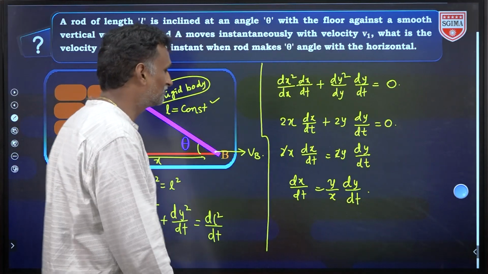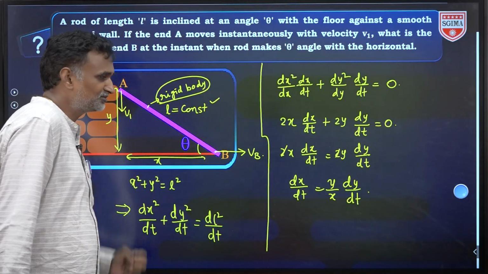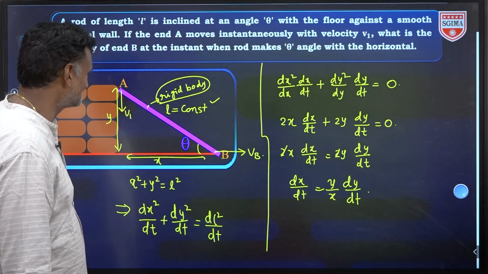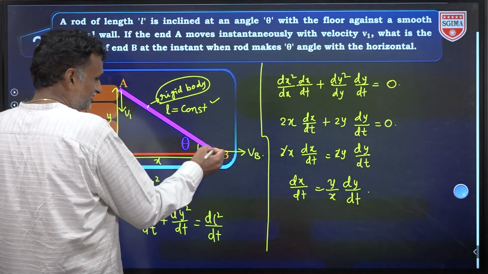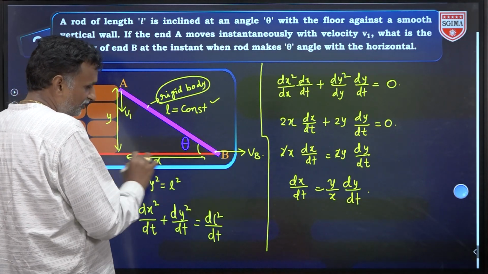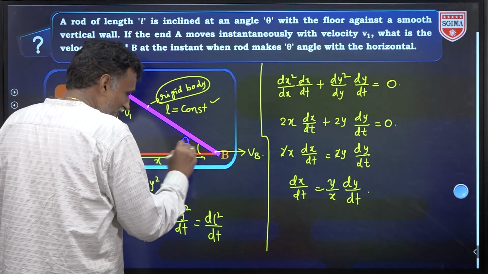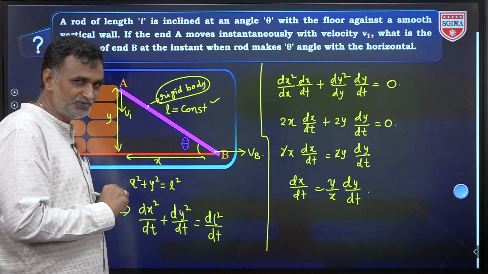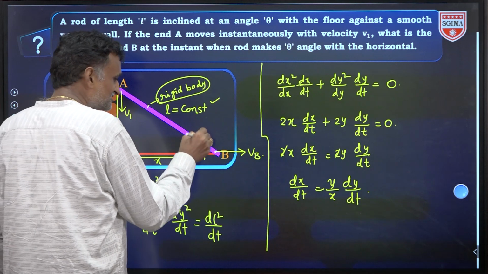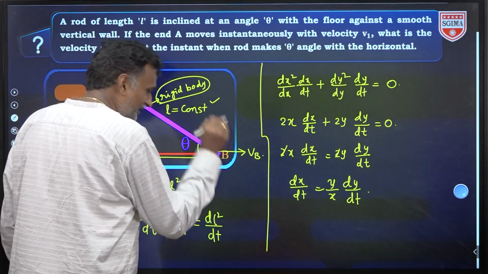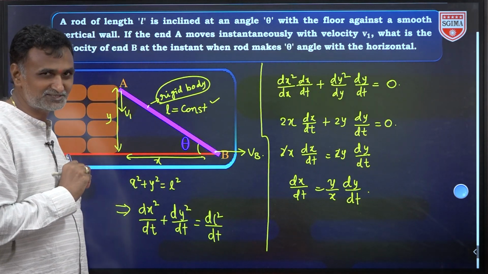Now, let us see what these are. It is at a distance x from the wall instantaneously. As this x changes with respect to time, it gives the velocity with which end B travels the displacement x.